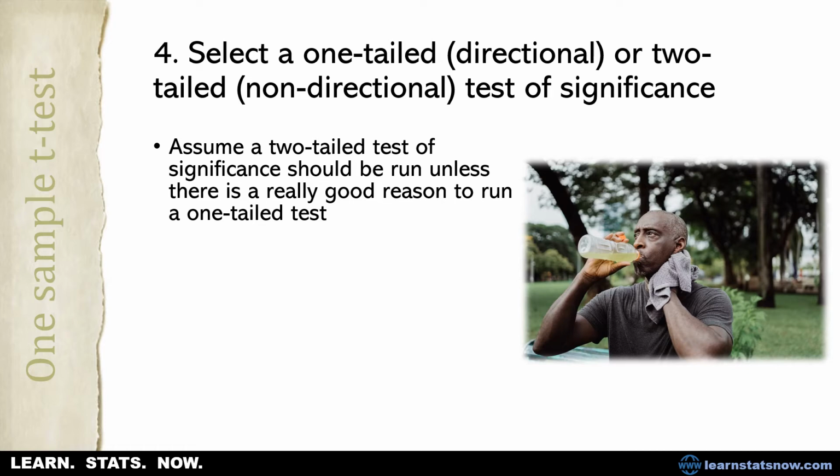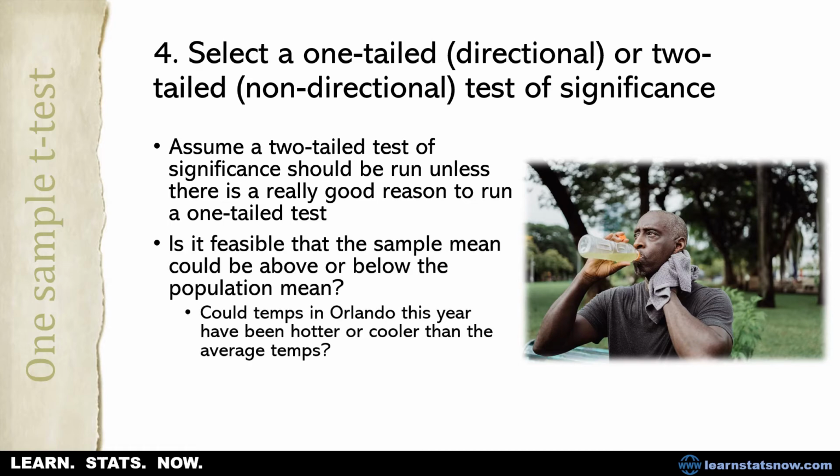So a question we should just ask is, is it feasible that the sample mean could be above or below the population mean? And yeah, it could be either way. In this case, we don't know for sure that the sample mean will be higher than the population mean, in other words, higher than 90 degrees. It could be lower than 90 degrees.